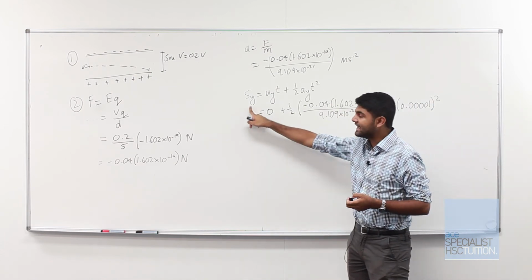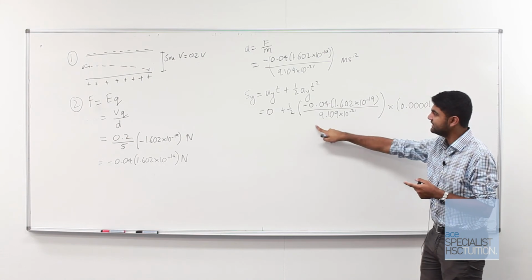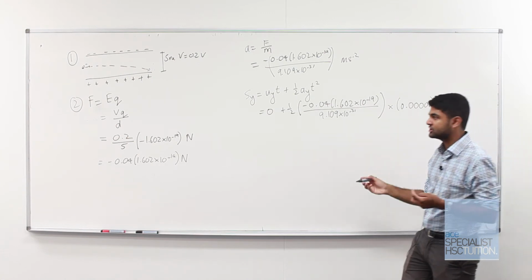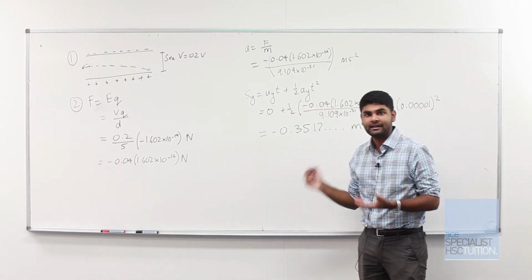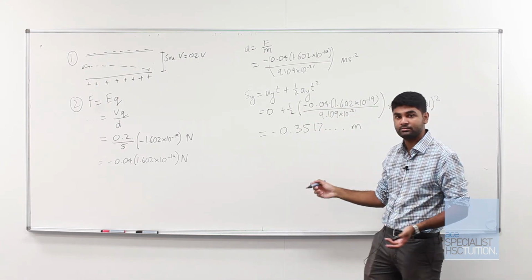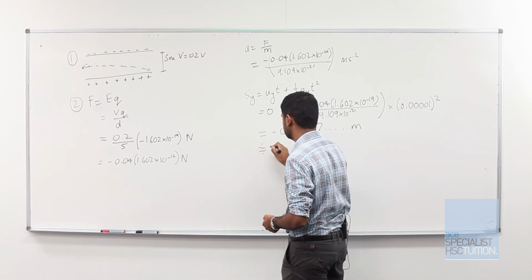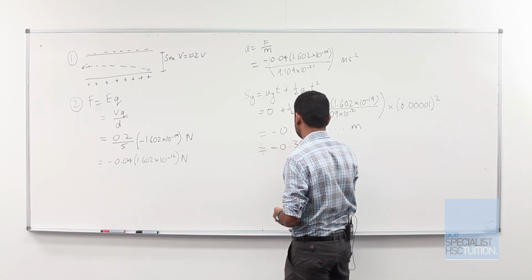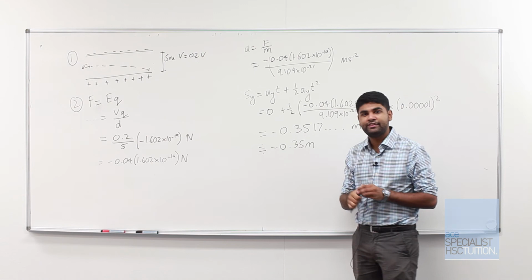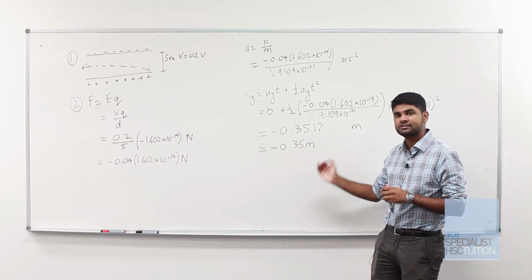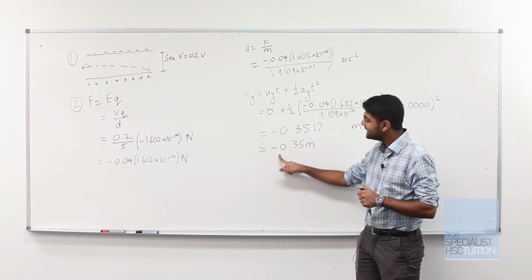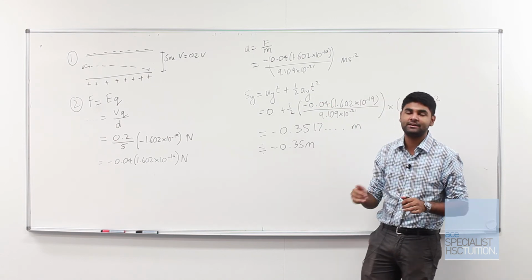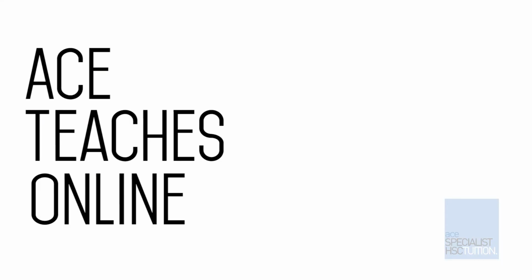So therefore, our change in vertical displacement is essentially this written up, which comes down to, now if we were to express this to 2 decimal places, this gives us, so therefore, our change in vertical displacement of the electron is 0.35 meters. This negative sign is telling us it is happening in the downwards direction.